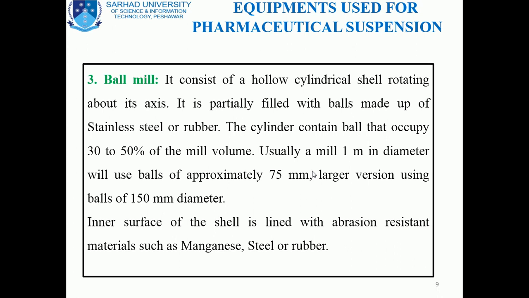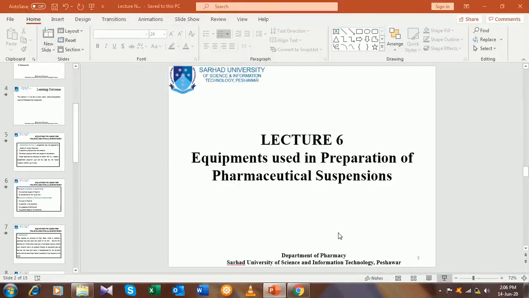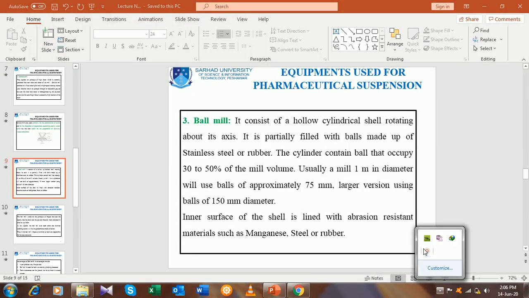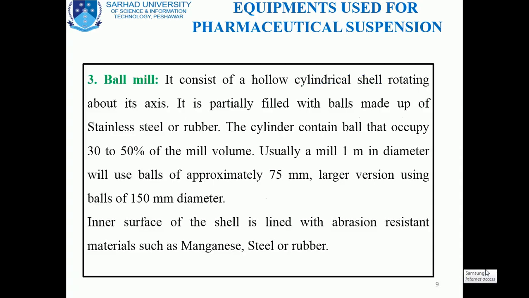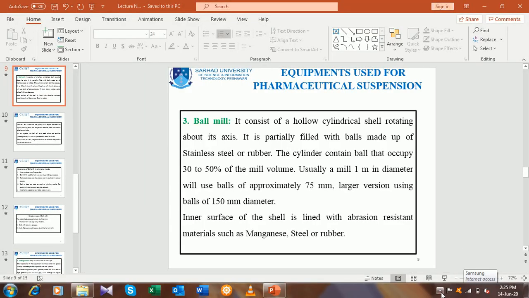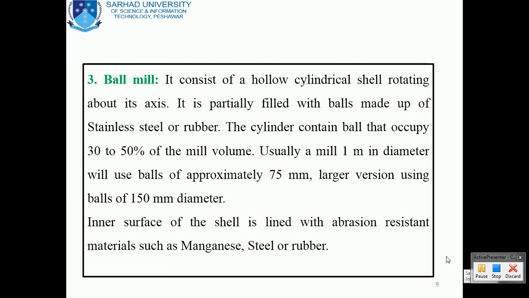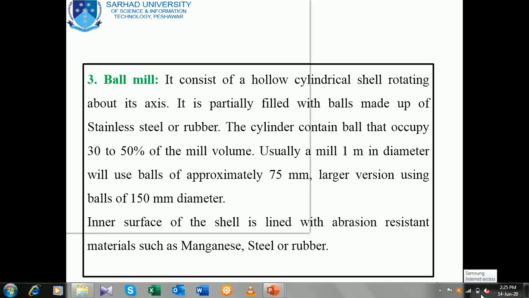We have also discussed this piece of equipment in the 7th semester, recalling from the 7th semester, in which we have studied this equipment, while discussing in detail the different types of mills.